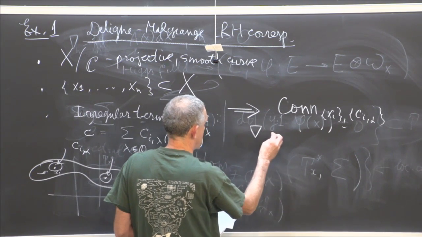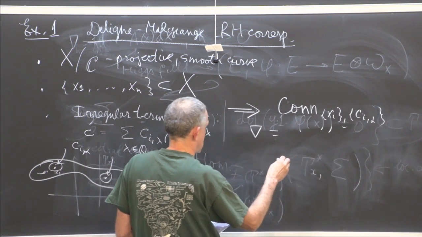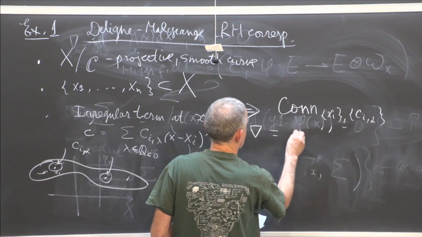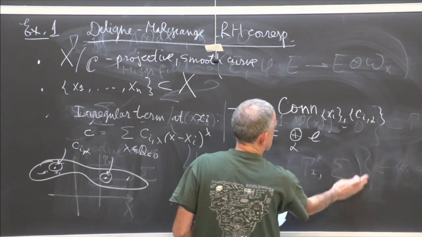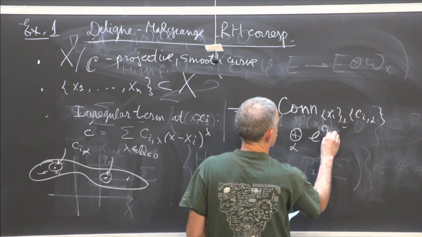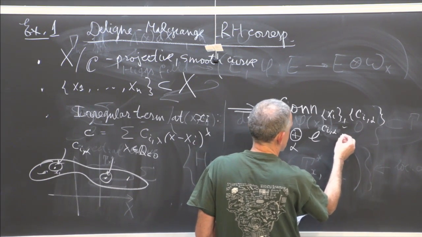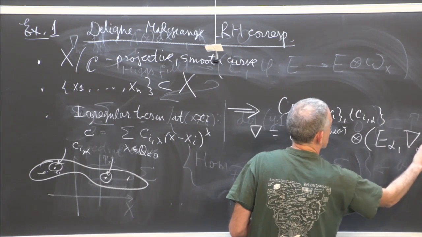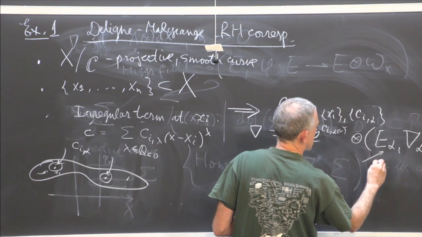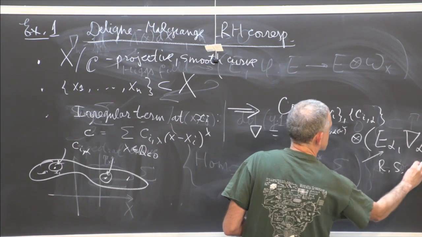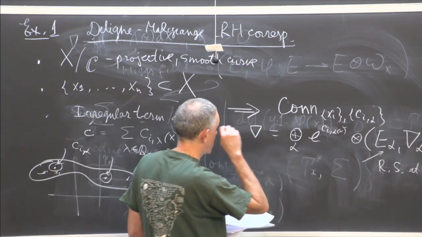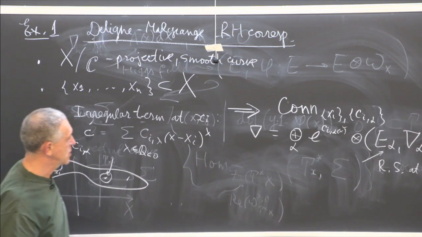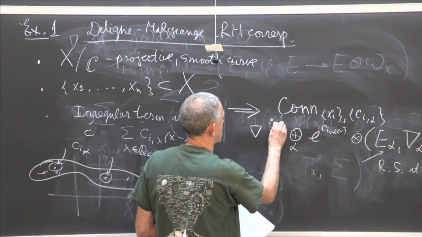At the formal level, if we consider a connection on the formal punctured disk about xi, it has this Hukuhara-Levelt-Turrittin decomposition: a finite sum of simple exponential D-modules tensored with a connection with regular singularities, over all irregular terms associated with a given point.